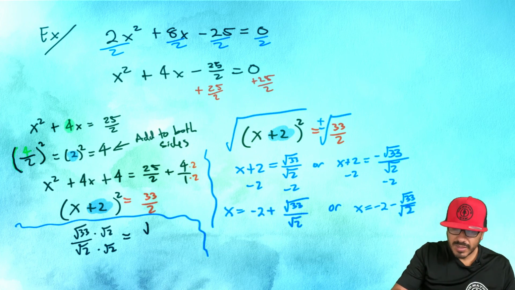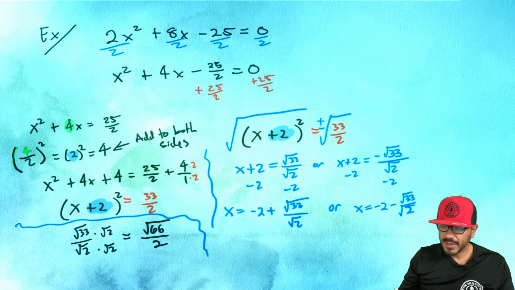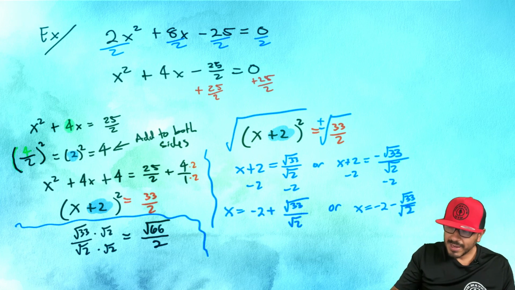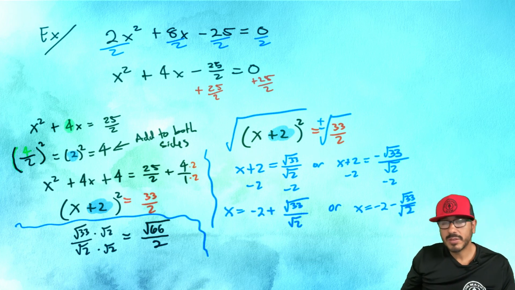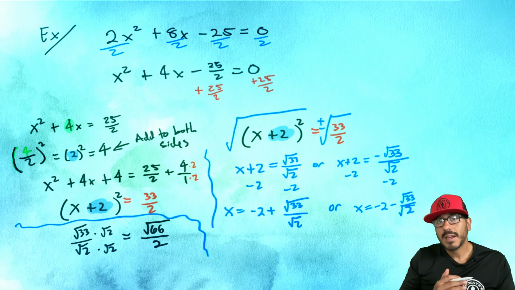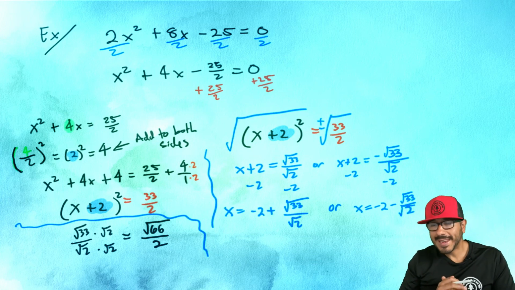You could do it the long way and actually multiply it out, but in my opinion that's too long. It's better to understand. So on top we have the square root of 66, and in the denominator you just have 2. So this simplifies to square root of 66 over 2. And of course you would try to simplify the square root of 66, but unfortunately we cannot.